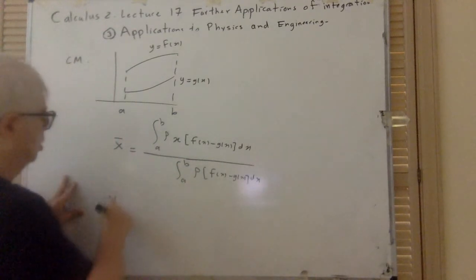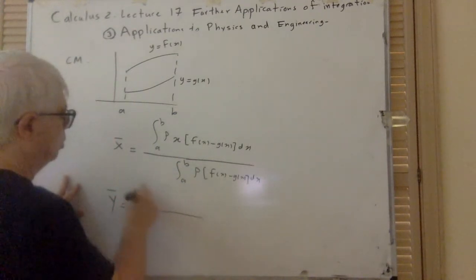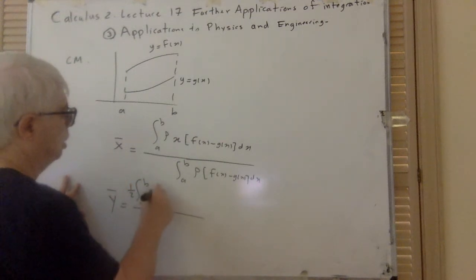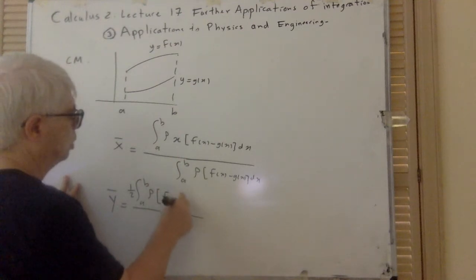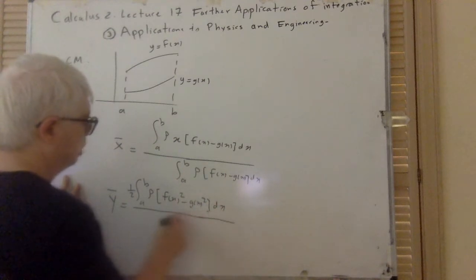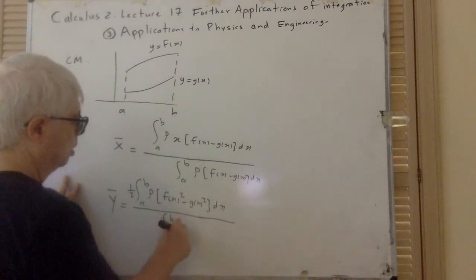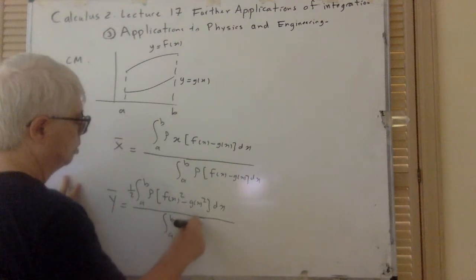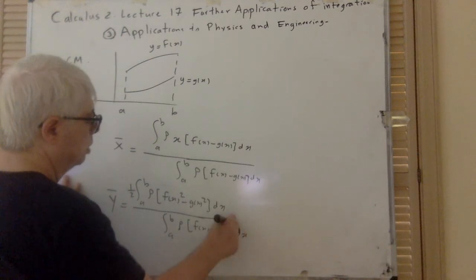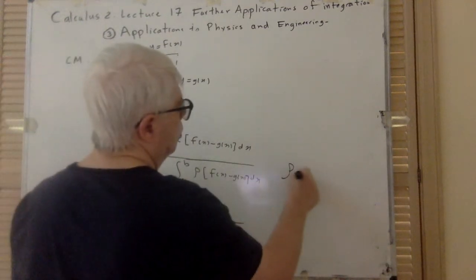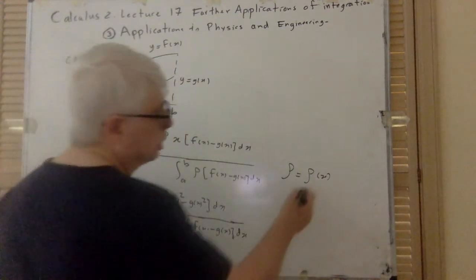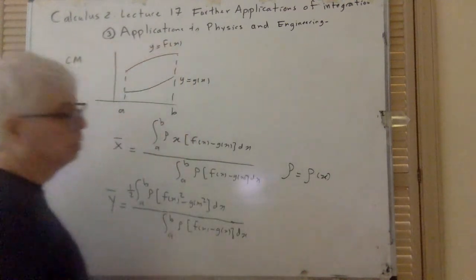And y bar was a nice formula: the integral from A to B, there was a 1/2 here, and then rho times f(x) squared minus g(x) squared dx, over the same thing, rho times f(x) minus g(x) dx. And I'm assuming that rho is a function of x. Otherwise, if rho is fixed, then cancel it.